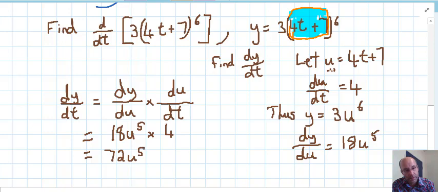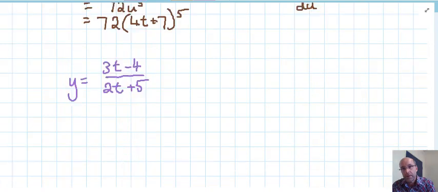Now we need to unsubstitute because we want dy dt. We've almost got it. We've just got to go back and unsubstitute so we've got something in regards to t. So it'd be 72 outside of 4t plus 7 to the power 5. There's our derivative.